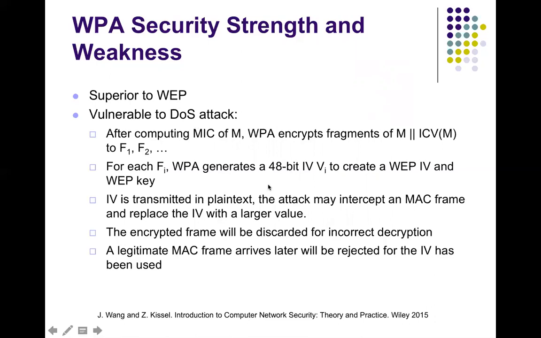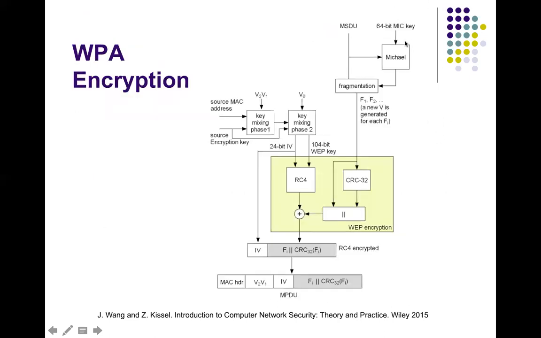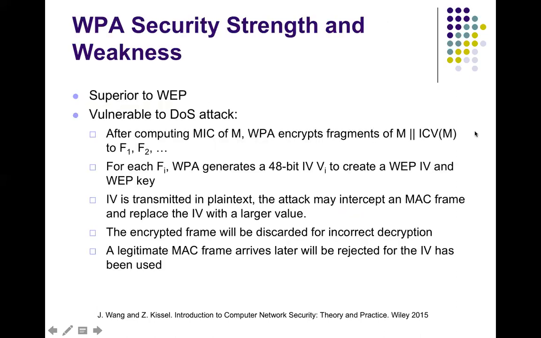So the idea is the following. Let's say after computing the message integrity code of M, WPA encrypts and fragments M and the ICV, the integrity check value of M. This part uses Michael's algorithm. Then it generates fragments, F1 up to F2.